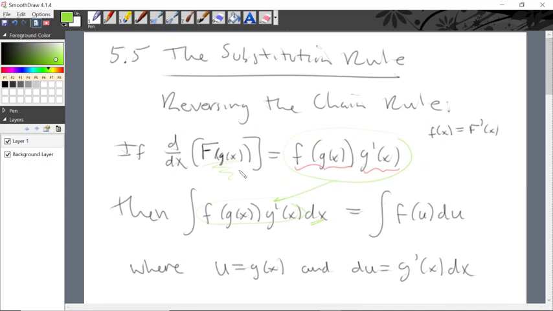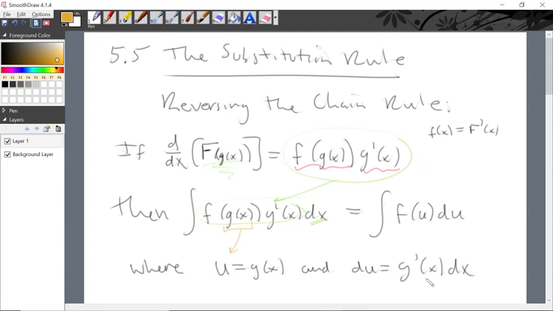where what was u? Well, we said u is equal to g of x. If we notice, we want to rewrite this as f of u du. So we can make the selection that the inner function is what we're calling u, and by that choice, notice through the use of differentials, the differential du would be found by doing g prime of x dx.